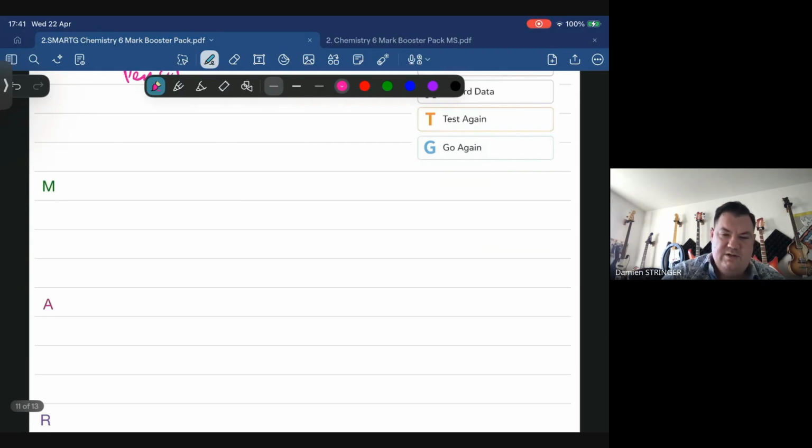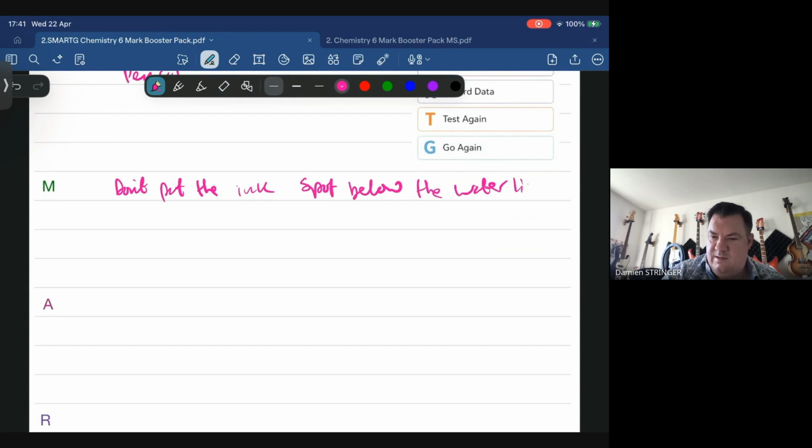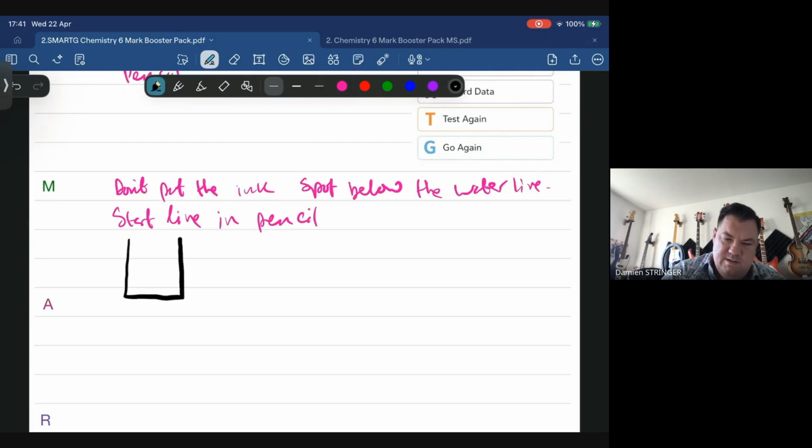Method. So we've got to mention a couple of things. Don't put the ink spot below the waterline, and draw the start line in pencil. If you remember, it looks like this, doesn't it? You'd have your water there.